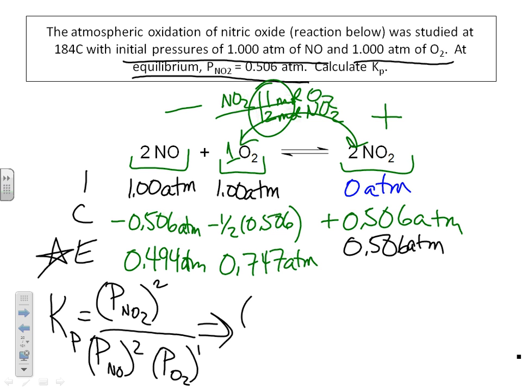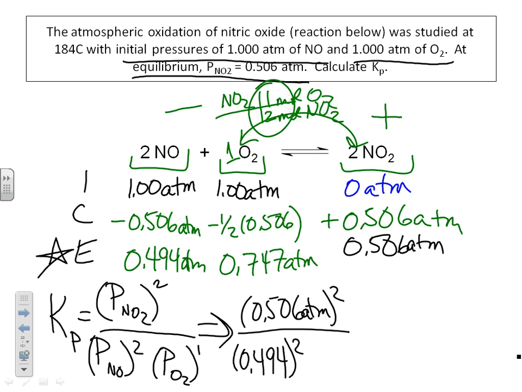So we're going to do 0.506 atmospheres, but we're going to square it, divided by the partial pressure of NO, so that's 0.494, but we're going to square that too, right, because of coefficients, and then the 0.747. Then it's just doing math.